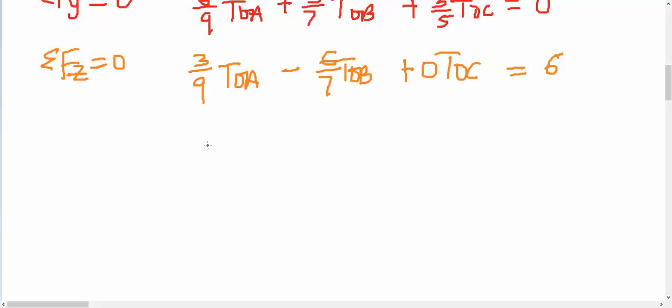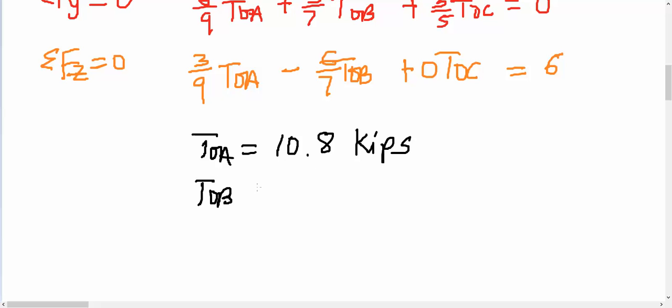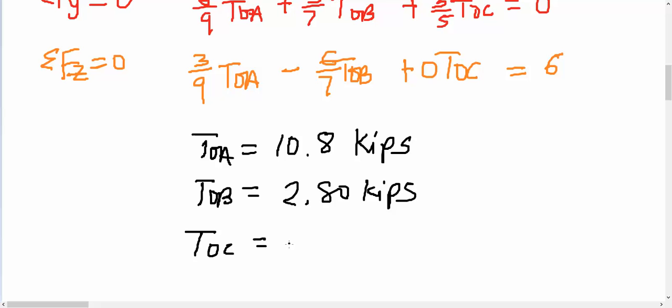So your final answer should be TOA equals 10.8 kips, TOB equals 2.80 kips, and TOC equals 10.0 kips.